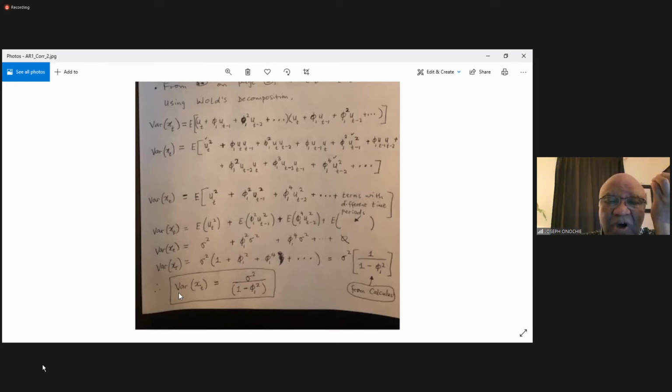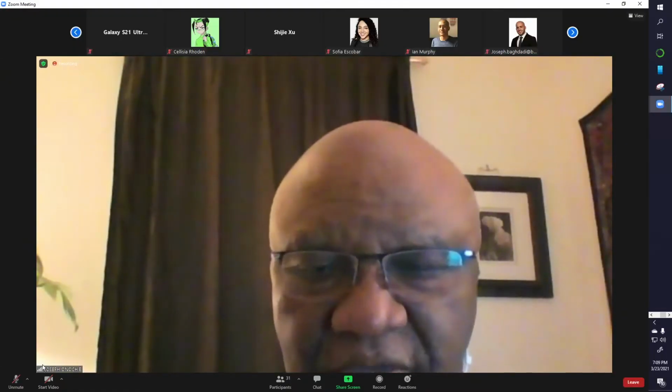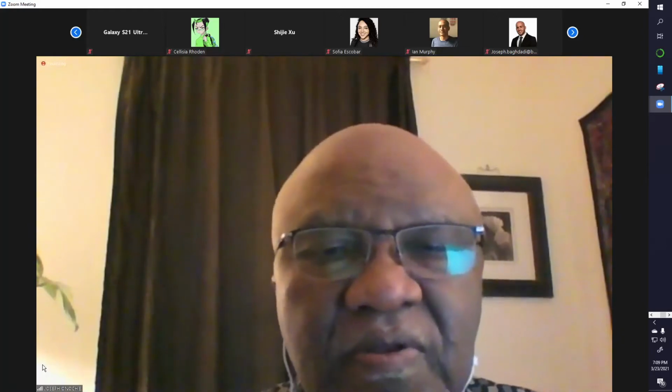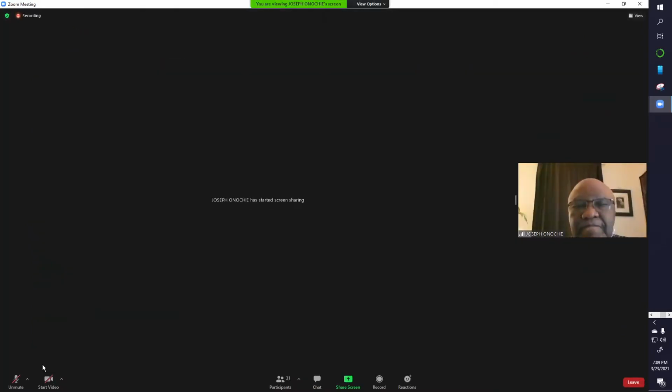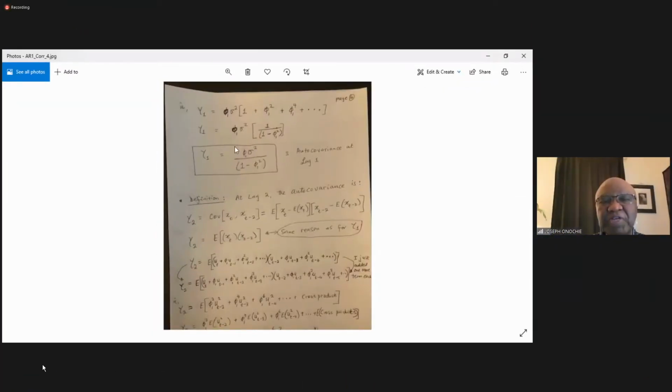But for autocovariance at lag 1, we bring phi 1 here, not phi 1 squared. We put phi 1 here times this divided by this. That's what we just showed today. So the autocovariance at lag 1 is phi 1 times the variance.